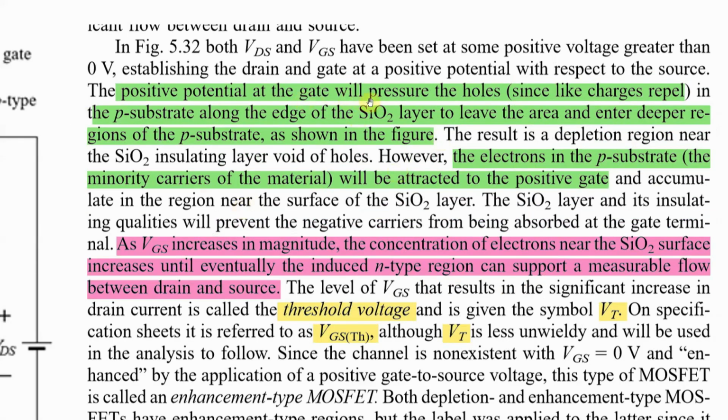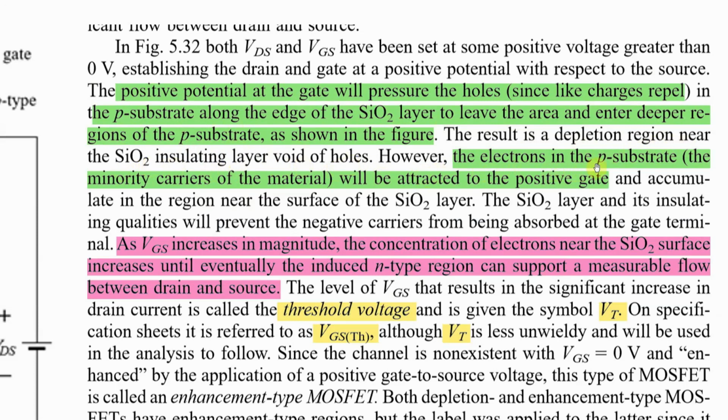The positive potential at the gate will pressure the holes in the P substrate along the edge of the silicon dioxide layer to leave the area and enter the deeper region of the P substrate. The result is a depletion region near the silicon dioxide insulating layer void of holes. So there will be no holes, only negative, only electrons.